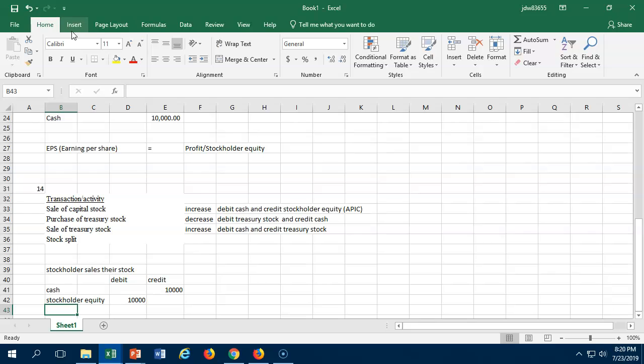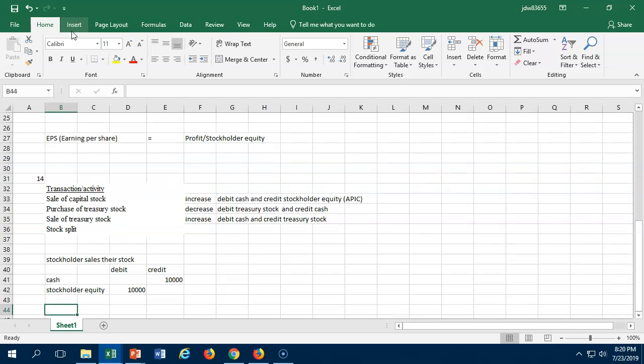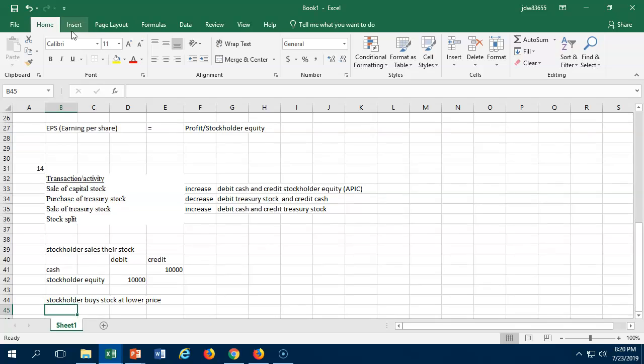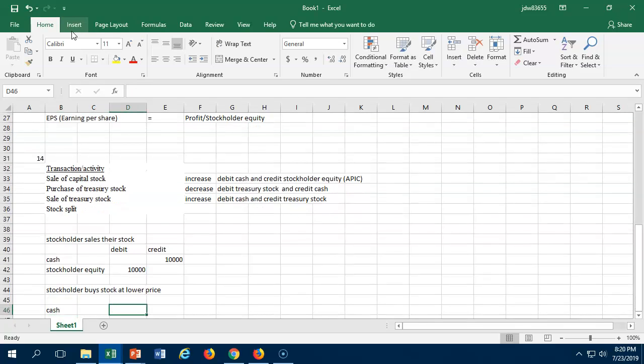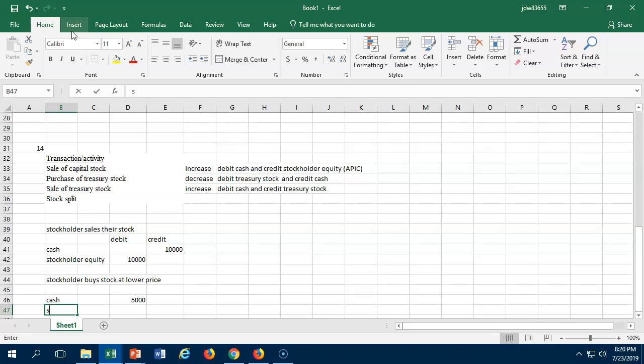Yeah. If you added that information, then a stockholder buys stock at a lower price. So then cash you would debit, let's just say for a lower amount, 5,000 instead of 10, and then stockholder equity you would credit.